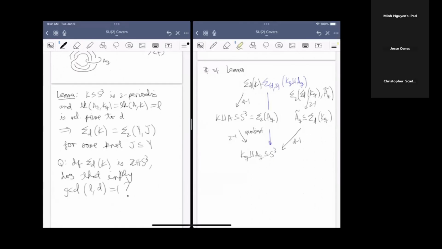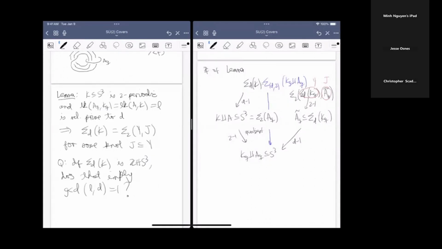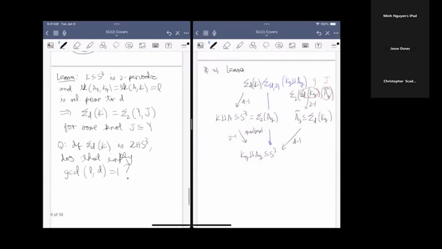This is this Y, and this is my J. And because what I care about in general is this idea of SU2 representations of integer homology spheres, what I really want to say is that if I have that this cover is an integer homology three sphere, then I also have that this d-fold cover over the quotient knot is an integer homology three sphere.